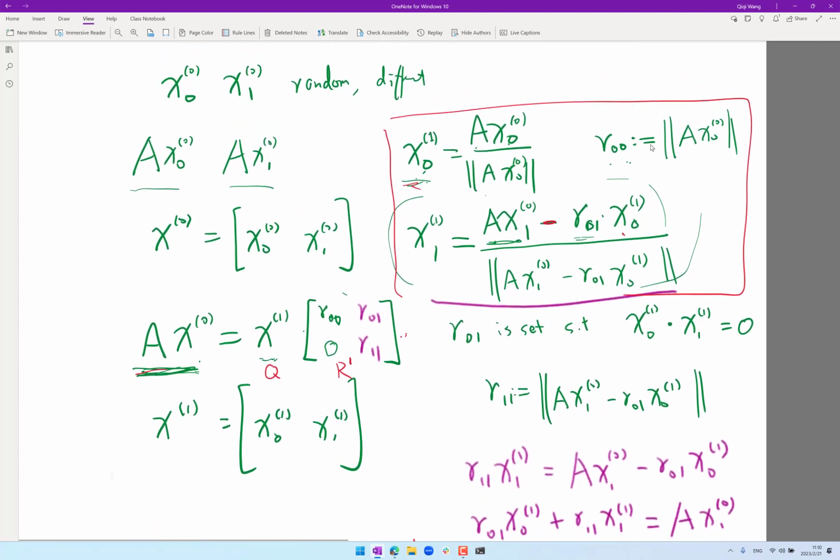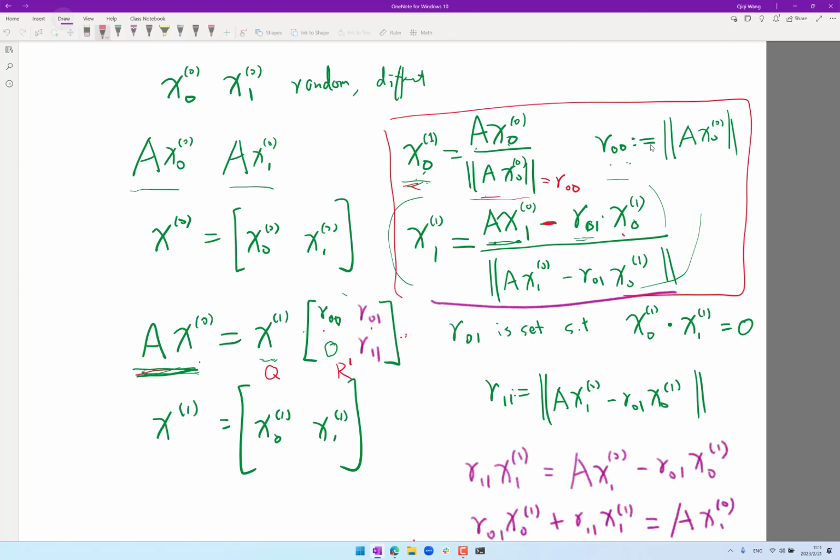R00 is the norm of the first vector, R01 is the orthogonalization constant, and R11 is the normalization constant of the second vector.